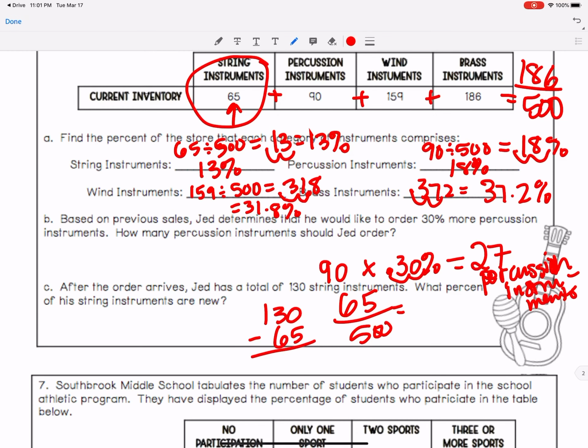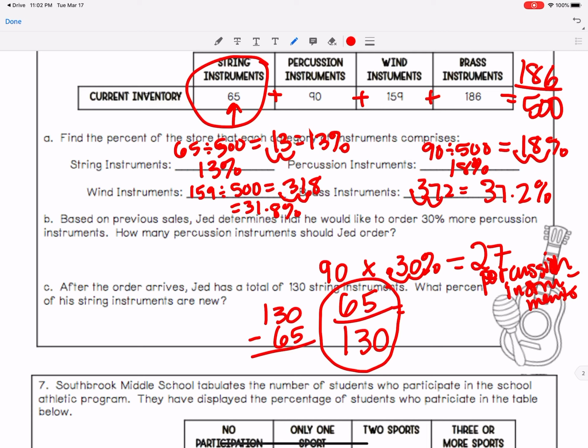Oh no, it looks like I did this problem wrong. Okay, let me reread it. After the order arrives, Jed has a total of 130 string instruments. What percent of his string instruments are new? Oh, I see. What percent of the string instruments? So it's not going to be out of 500. It's going to be out of the number of string instruments he has. Well, what is 65 out of 130?